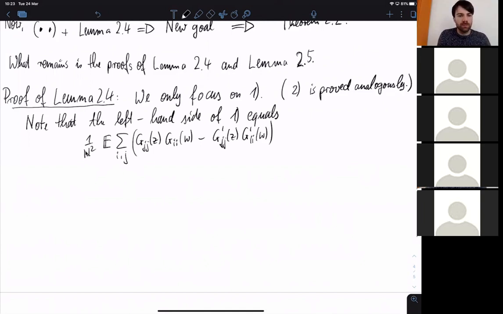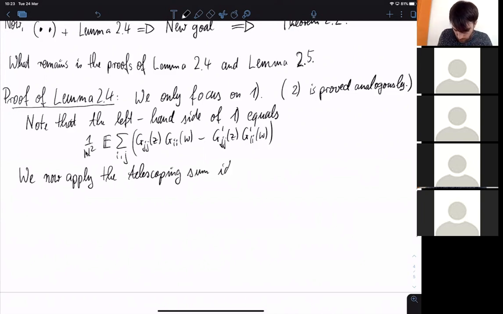Now we want to apply the telescoping idea, and we're in the good situation that we have resolvents here, which behave much nicer. So we now apply the telescoping sum idea, which I mentioned last time in section 2.2, and this is also as in the Lindeberg proof of the central limit theorem.